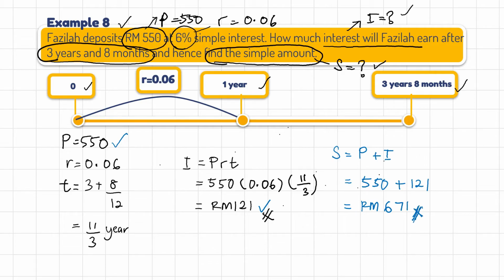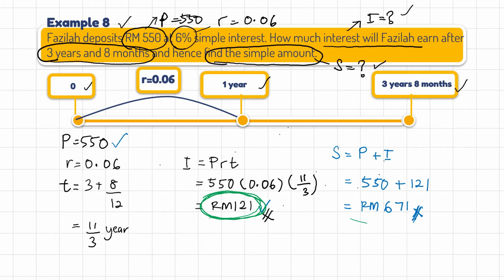To make it clear for you, I, where we get RM 121 ringgit, is the total amount of interest that Fazilah earned until 3 years, 8 months. So this is the amount of interest she gets from 0 to 3 years, 8 months.